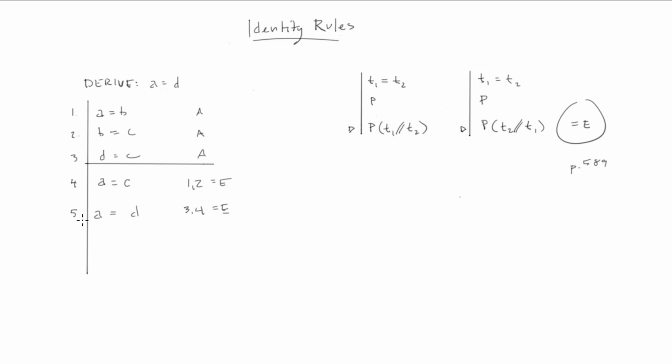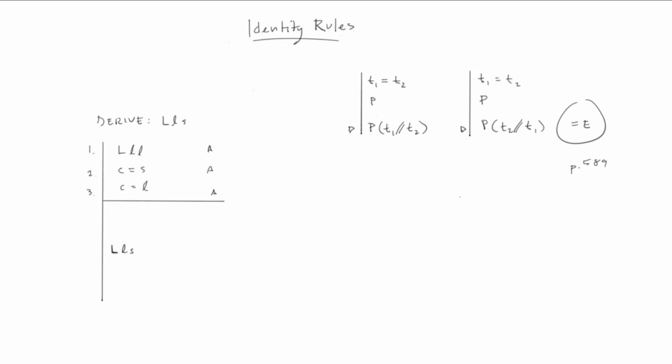So on line 5, what we've done is we've taken C out of line 4 and put D in for it. We're justified in substituting a D for a C thanks to line 3. So line 3 is the identity justifying substitution, it's our justifier. And line 4 is our context for substitution. And there's no other way to do it.